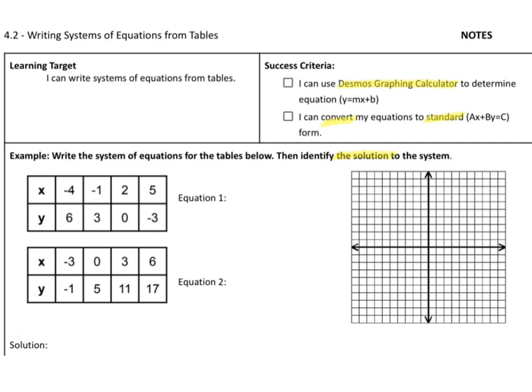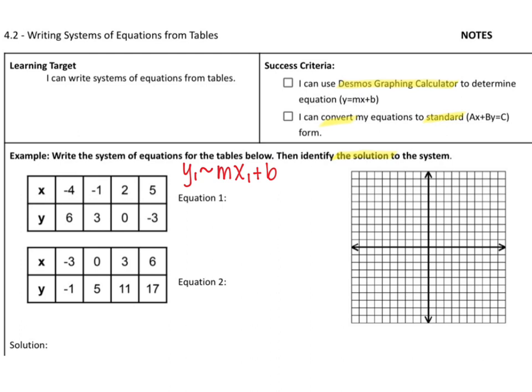You could plot those points on the graph and form a line, and then do the same thing for the second one. But in most cases, you're just going to be asked to find the equation specifically in standard form, so go ahead and use Desmos to help you out.